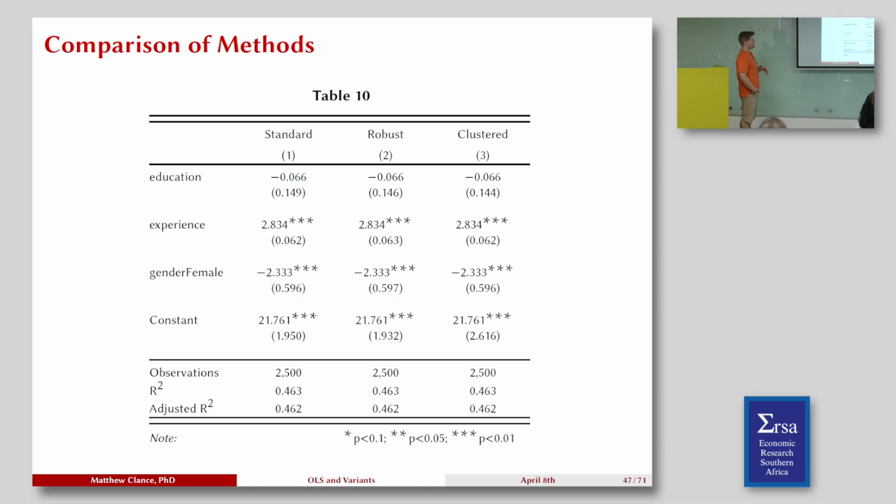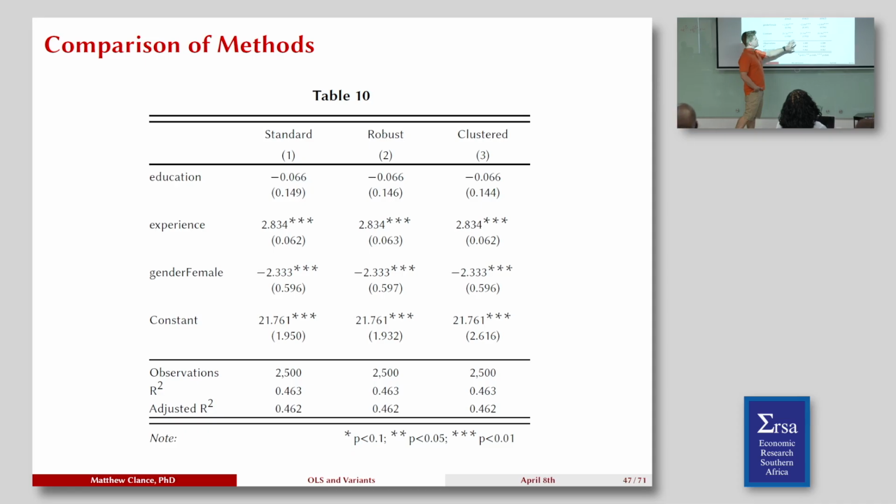I could have made it quite ugly and made everything really awkward and made the clustered one do very well. But I wanted to make sure that you understand that clustering is just another way of thinking about these adjustments. It doesn't always mean that you're going to get a huge difference. Okay?